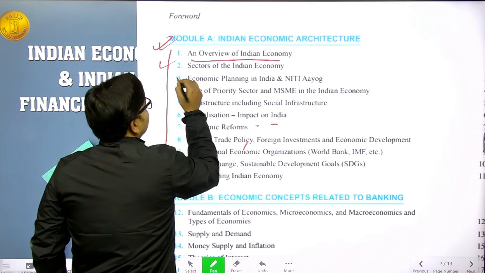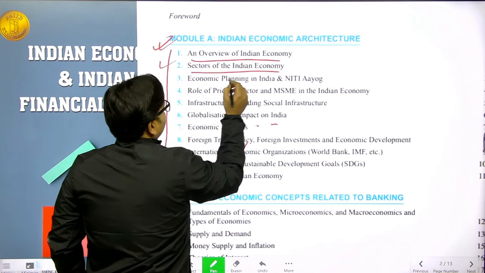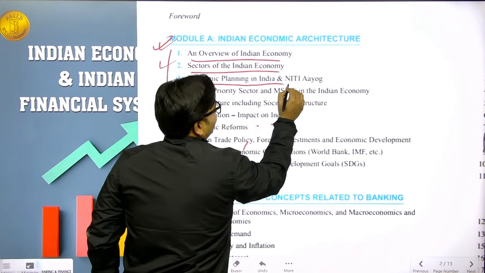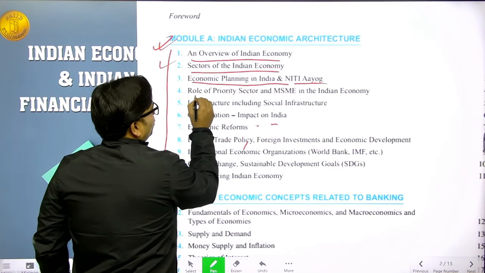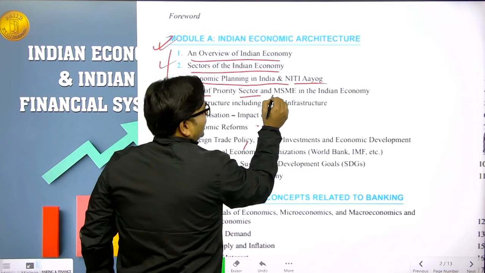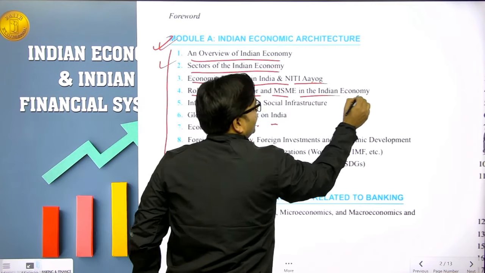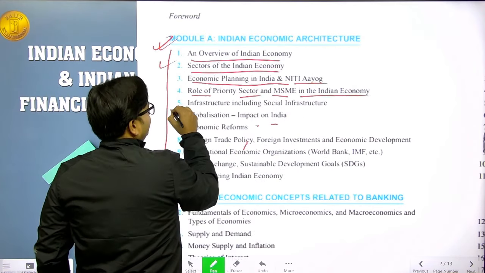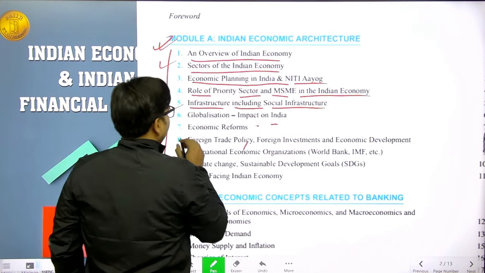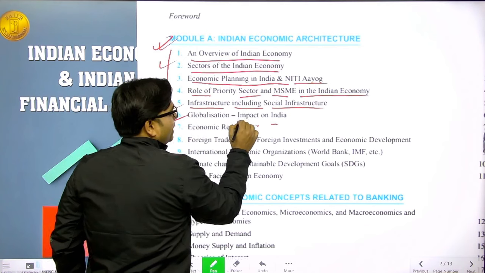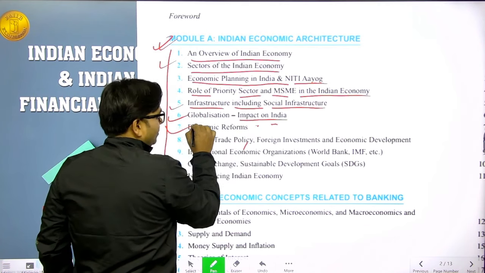You have to read the section on the Indian economy, economic planning and NITI Aayog. And you have to study the role of the priority sector and MSME in the Indian economy. The fifth chapter is infrastructure, including social infrastructure, globalization impact on India, economic reforms.